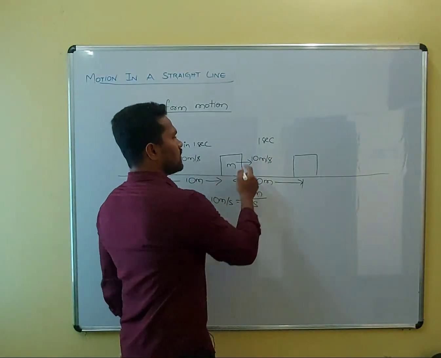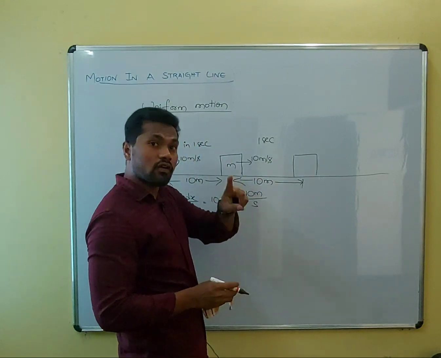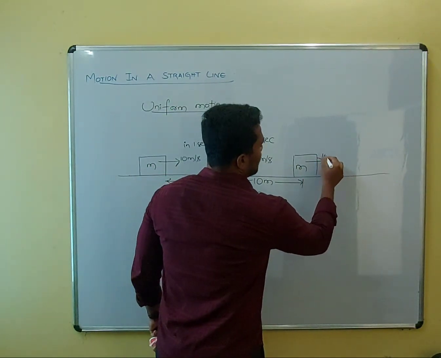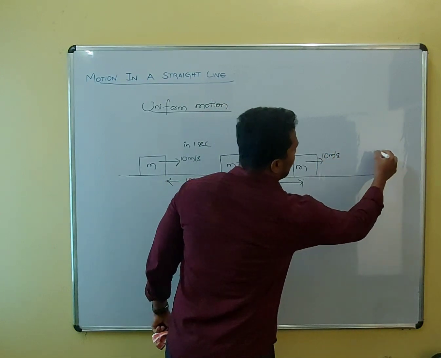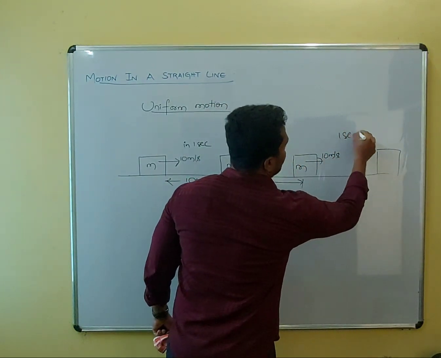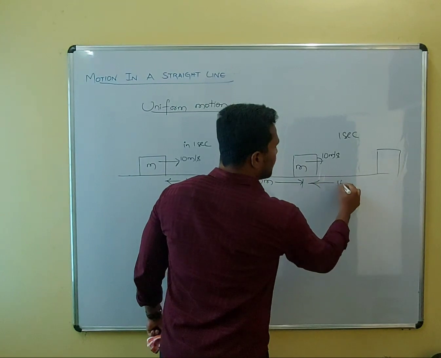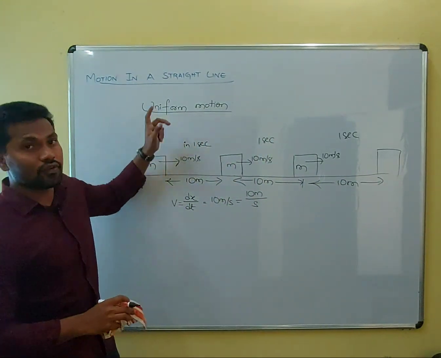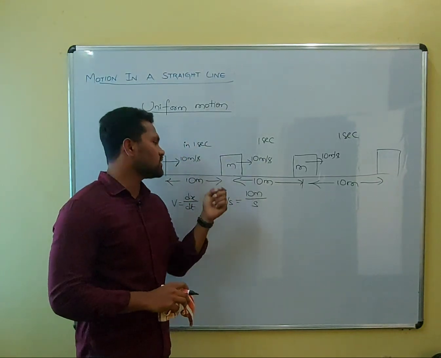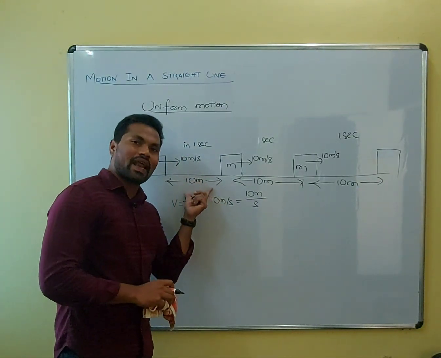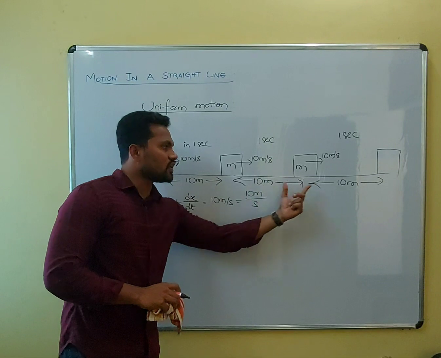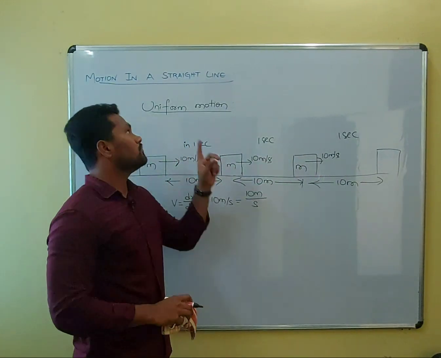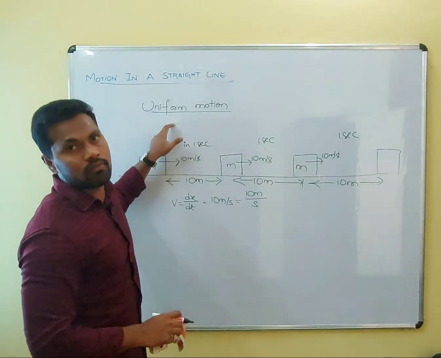Mass m, velocity is 10 meters per second. So in one more second, what is the distance traveled by it? 10 meters again. That is the definition of uniform motion. If you are following this, please note down the definition: if an object travels equal distances in equal intervals of time, then the object is said to be in uniform motion.